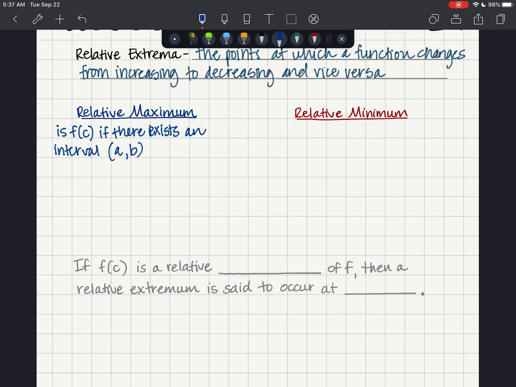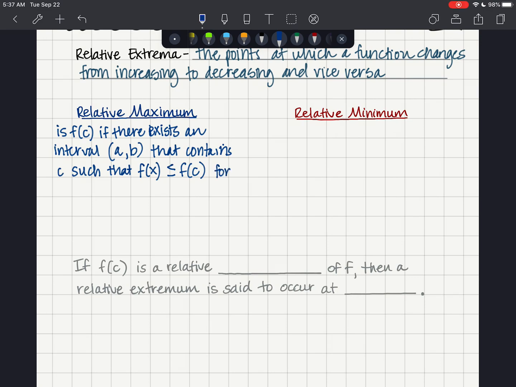So that interval is going to contain c, such that f of x, which is your graph, your function, is less than or equal to f of c, which means all the other points are below f of c, which makes sense.